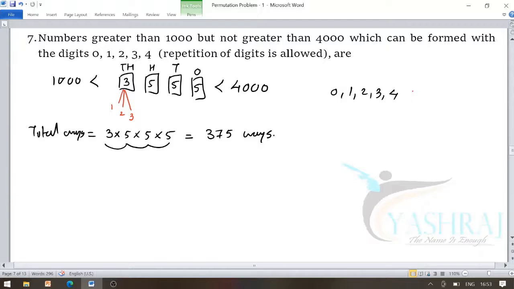That means there are 375 numbers that are greater than 1000 but not greater than 4000, which can be formed with the digits 0, 1, 2, 3 or 4. Here repetition is allowed, keep in mind. That means a digit can occur twice, thrice or 4 times.